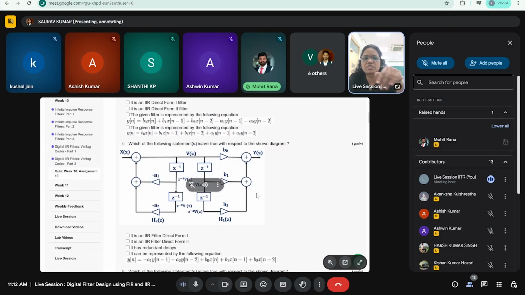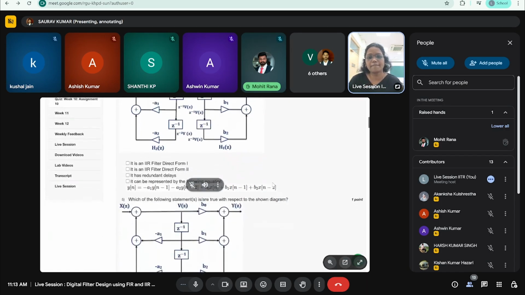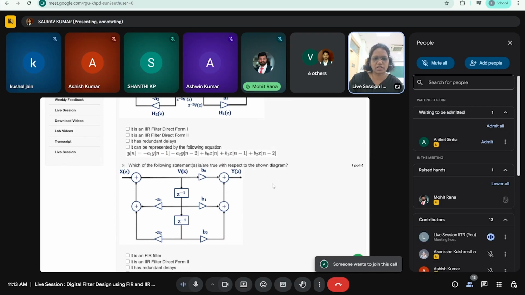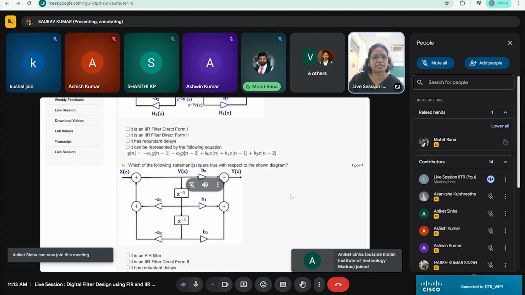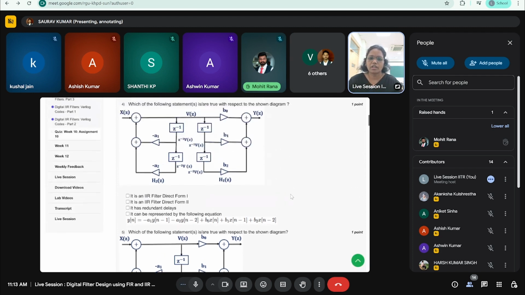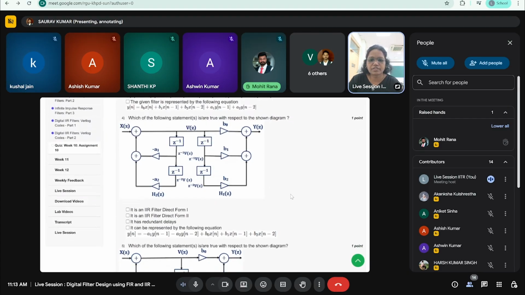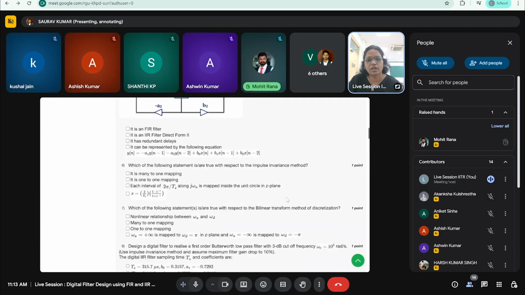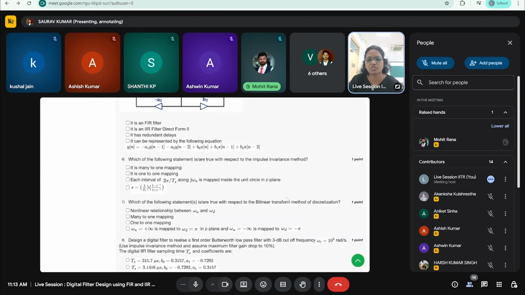Match the equations with the structure and answer accordingly. These are two types of IIR filters, and the third structure is related to the reduction in redundant delays. Instead of having the two types of delays in the previous structures, the fifth one is the modified or optimized structure, so you're reducing the number of delays in the structure.